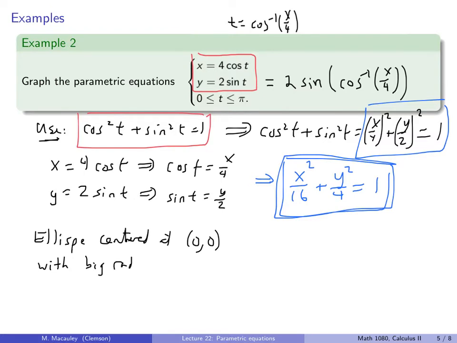I know there's a name for this, major, minor, something like that. Big, I think, is far superior. Big radius, r equals 4. And small radius, little r equals 2. And one of these is along the x-axis, one of these is along the y-axis.